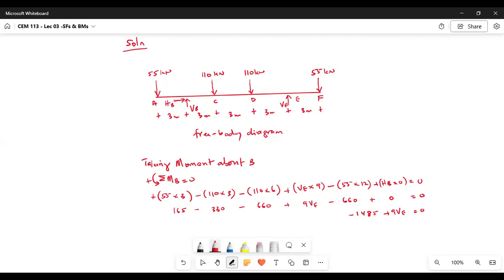Okay, so 9 VE is equal to 1485. So that VE is equal to 1485 divided by 9.